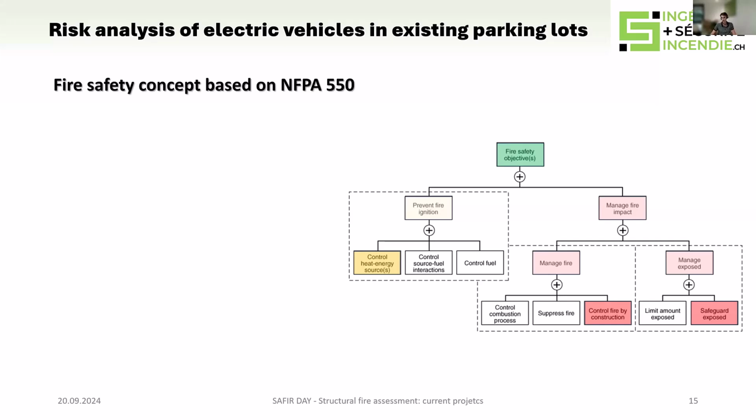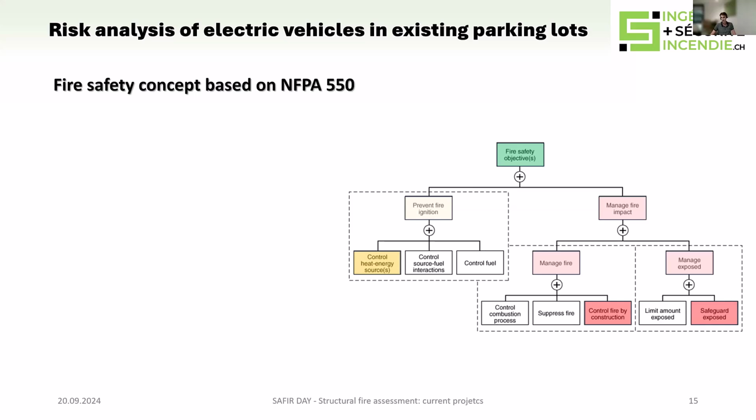So we have here an example. This is a fire safety tree. How it works: we have the safety objectives on the top, and then you can achieve these objectives in two ways. The first one is to prevent the fire ignition, or to manage the fire impact.